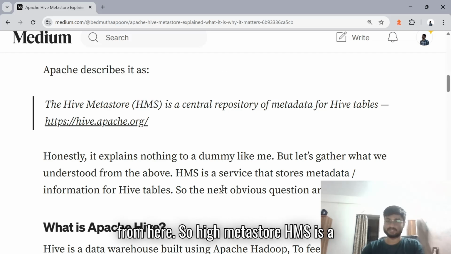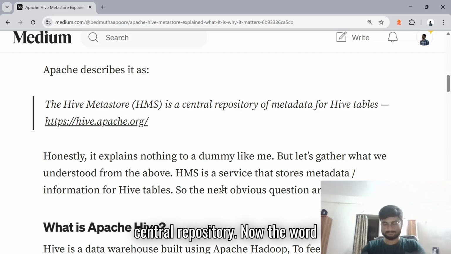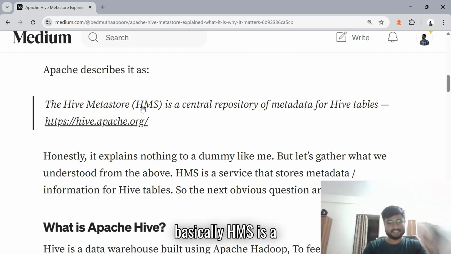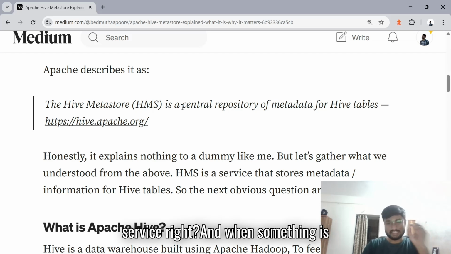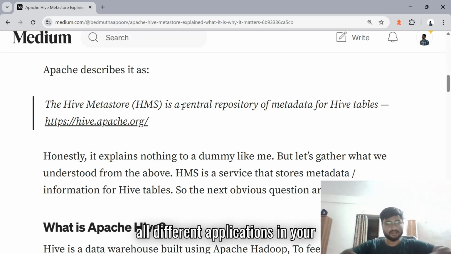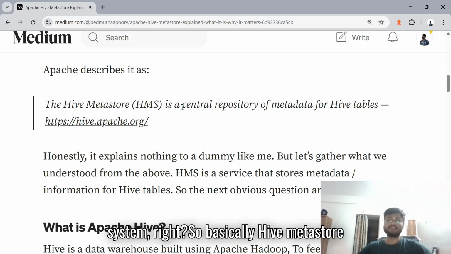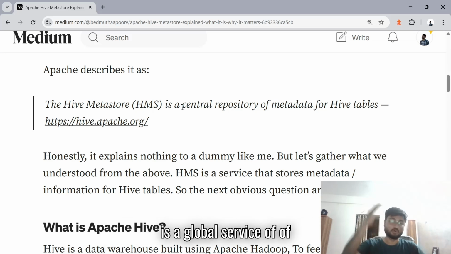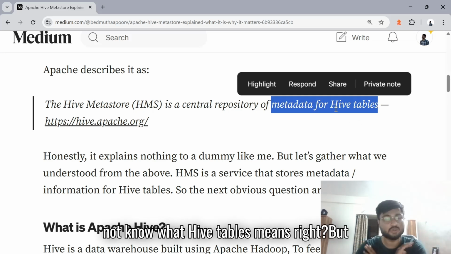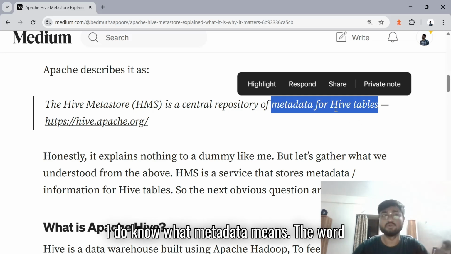So a Hive Metastore, HMS, is a central repository. Now, the word repository seems too technical, so basically, HMS is a service. And when something is called central, it usually means a global service, which is available across all different applications in your system. So basically, Hive Metastore is a global service of metadata for Hive tables. Now, I do not know what Hive tables means, but I do know what metadata means.